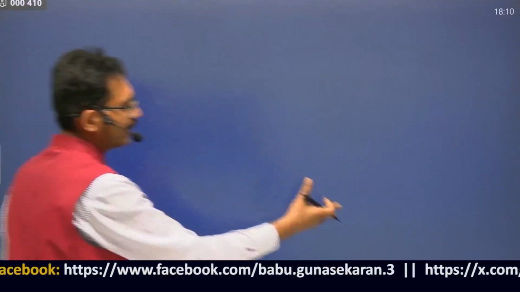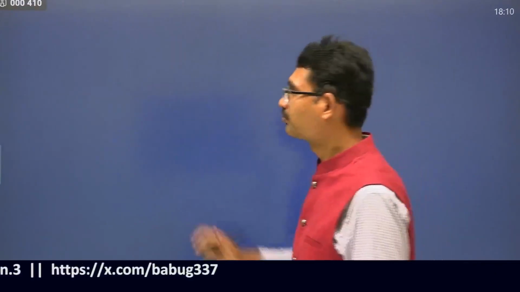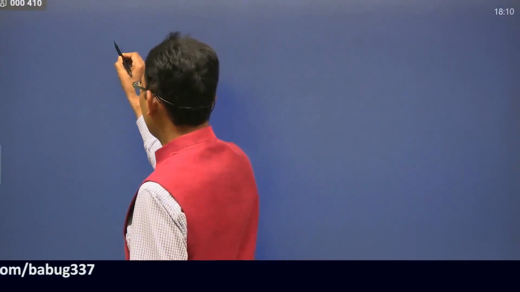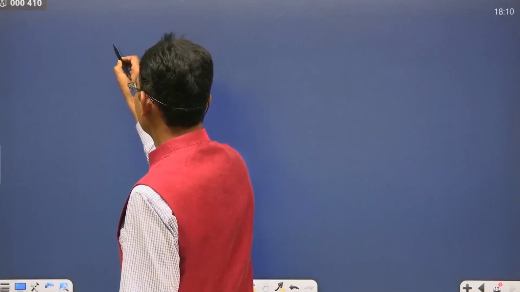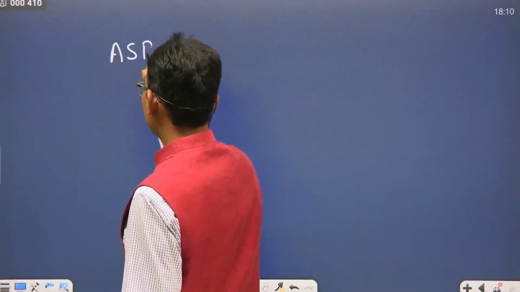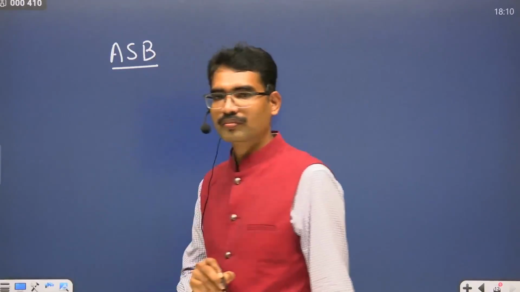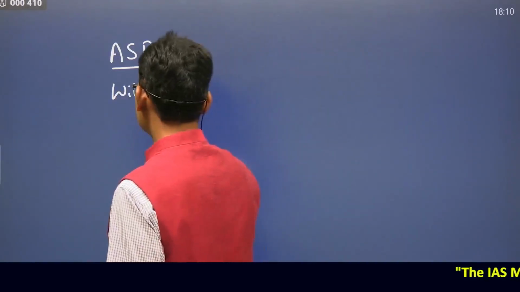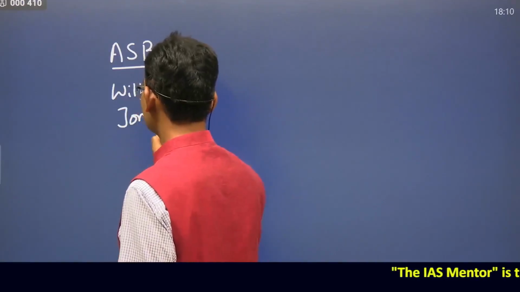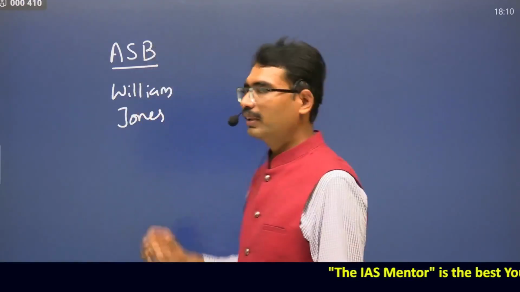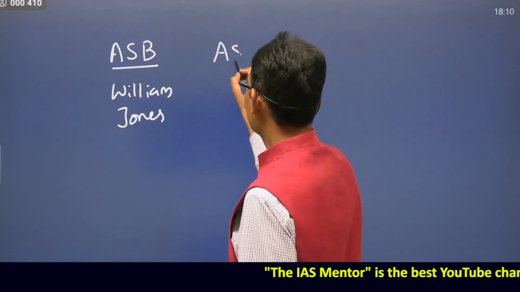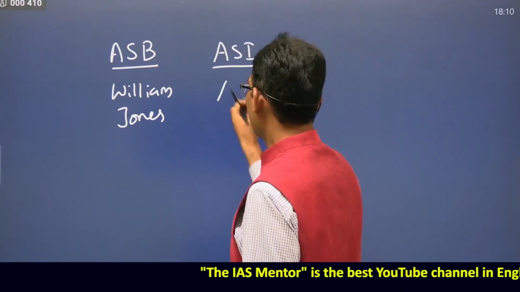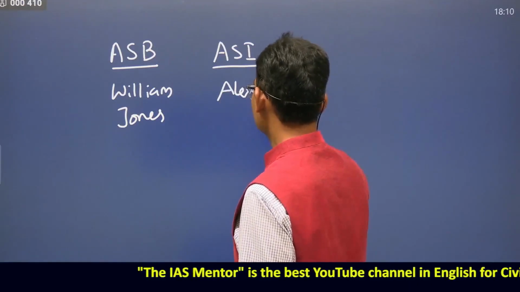Now when it comes to examination, I'm writing here overall whatever names and terminologies were introduced. I have written Asiatic Society of Bengal. The person behind this is William Jones. Then Archaeological Survey of India, Alexander Cunningham.